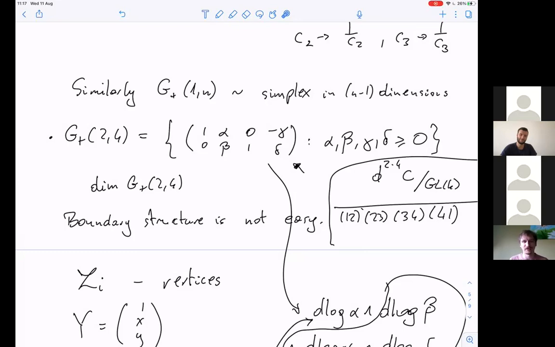You can check what the boundaries of the positive part are, and there are just four of them. It is quite obvious in this parameterization with alpha, beta, gamma, and delta. The positive part of the Grassmannian has boundaries where the minor 12, 23, 34, or 41 is equal to 0. That indicates that this kind of singularity should be there in the denominator. So this almost immediately fixes the form to a unique one.